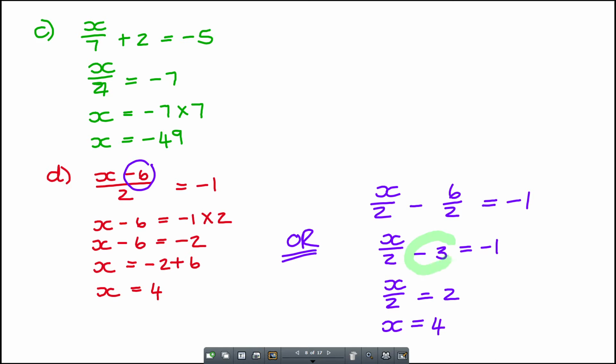They say, okay, minus 3 I want to take over, so it will become plus 3. And minus 1 plus 3 gave me 2. Now this is x divided by 2, so I get rid of that divided by 2. I take it over and it becomes times 2. And 2 times 2 gives me 4. So either one of those two options you could have used.